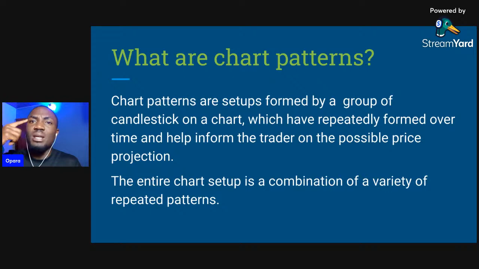What comes to our mind? Rain wants to fall. Because of what? That particular pattern has happened over and over again in the past. You can see that because of just the formation of a certain pattern, we begin to predict or react to possible outcomes. So that's exactly what chart patterns do: a group of candlesticks coming together to form a specific structure that you can use to analyze the market.